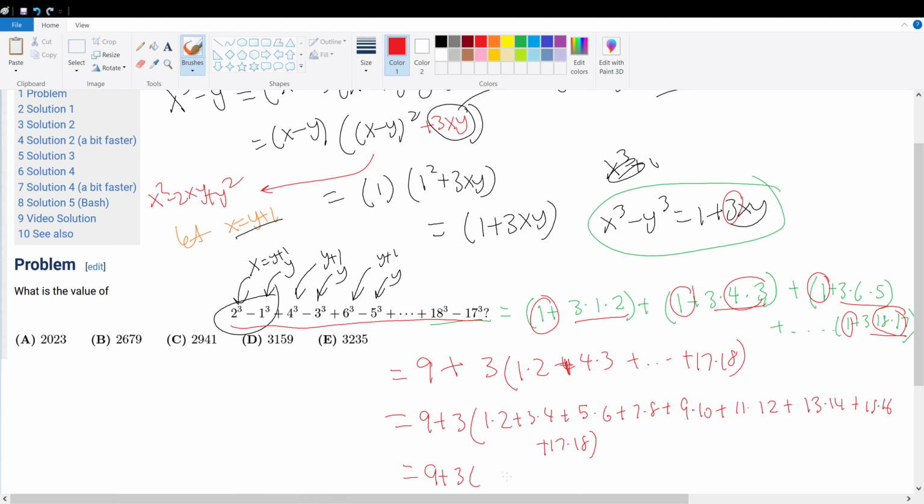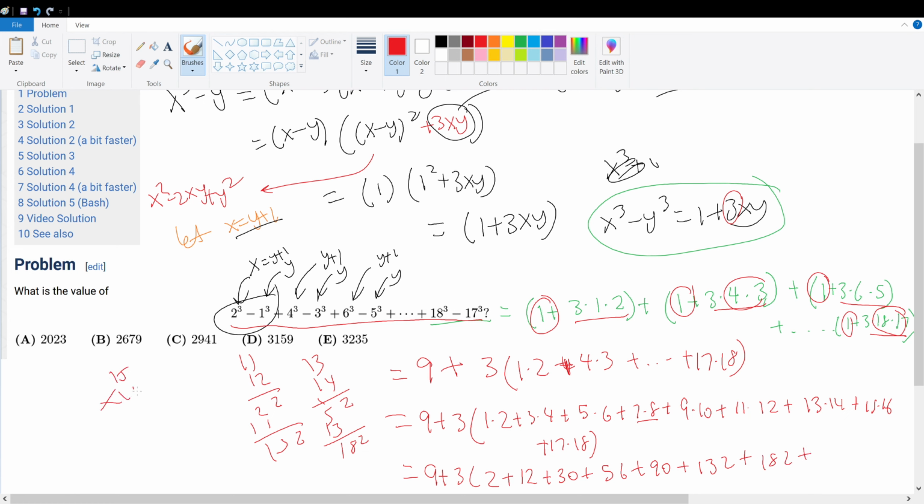So 9 plus 3 times 2, plus 12, plus 30, plus 7 times 8 is 56, plus 90, plus 11 times 12 is 132, plus 13 times 14. It's kind of bashy, but it's whatever. 182, plus 15 times 16, 240, plus 17 times 18, plus 306.